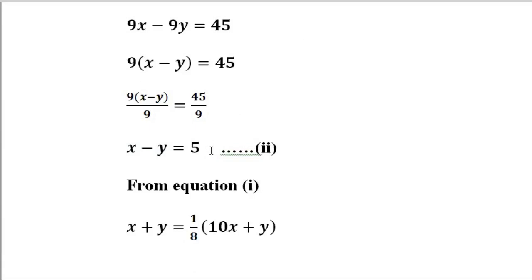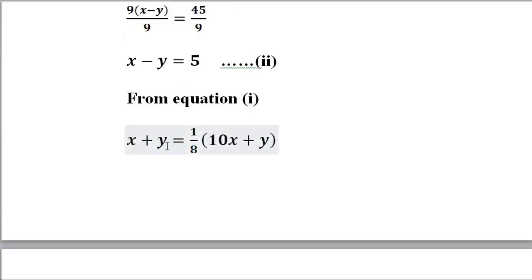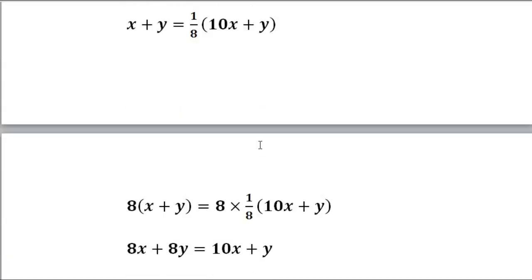by the substitution method. For this, I will start from equation 1, which is x plus y equals 1/8 of 10x plus y. Now, by cross multiplication, or to eliminate this 8 from the denominator, I'll multiply both sides of the equation by 8.